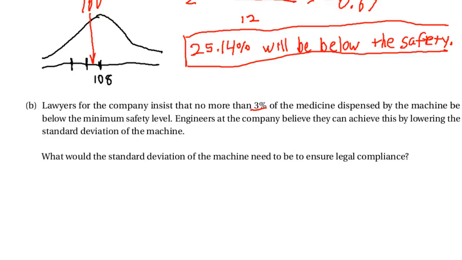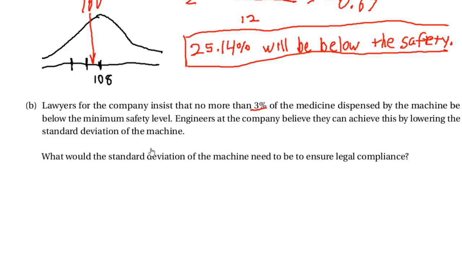Whew, okay, well, let's see. If 100 is the cutoff here, what they're basically saying is I need 3%, which is 0.03.